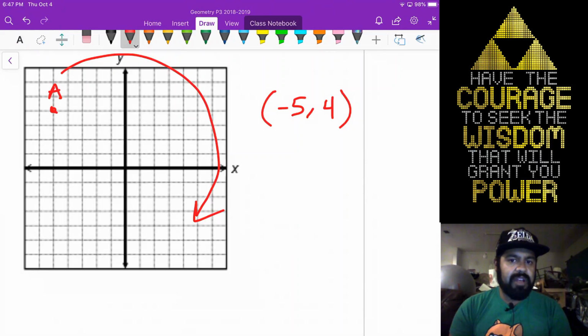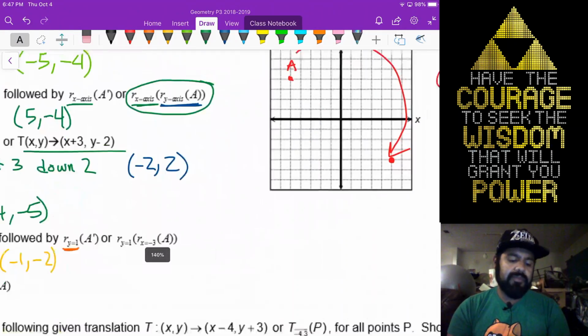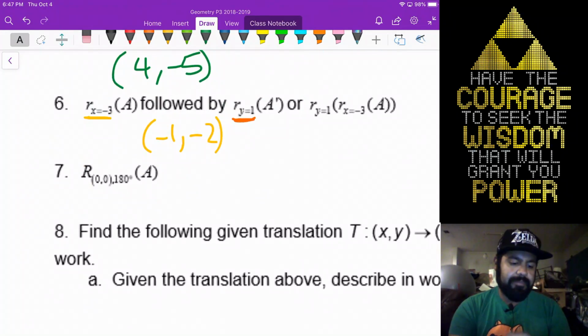Well, in that quadrant, all I really do is swap the ordered pair, because as soon as I flip over the y and x, that gives me the exact same coordinates. So that's actually going to give me a positive 5, negative 4. So that's going to be our A prime.